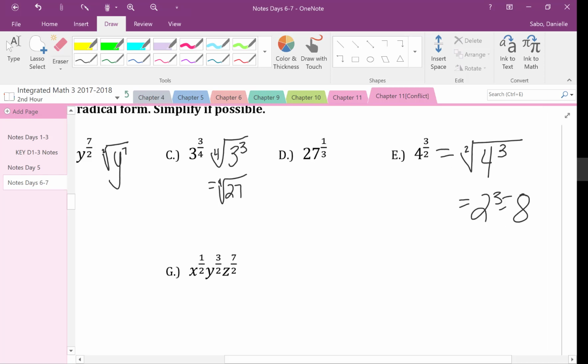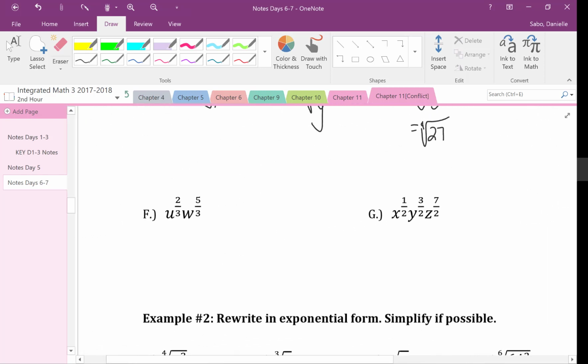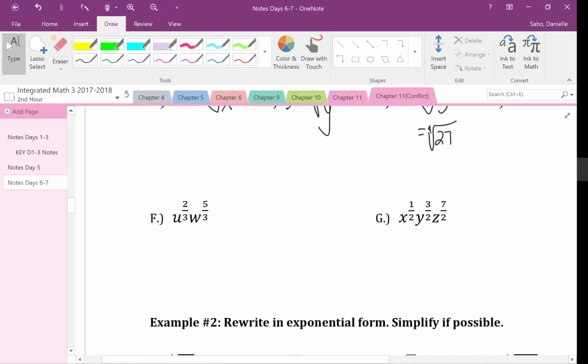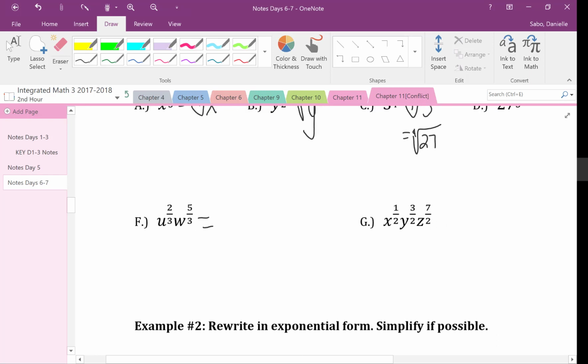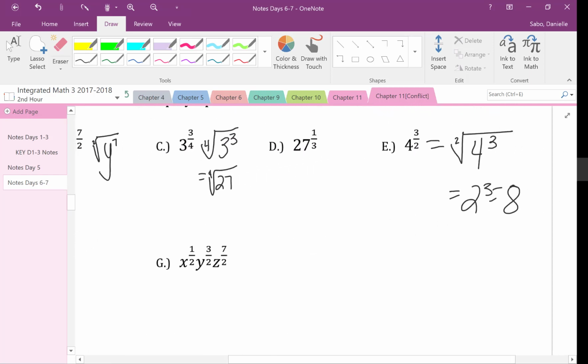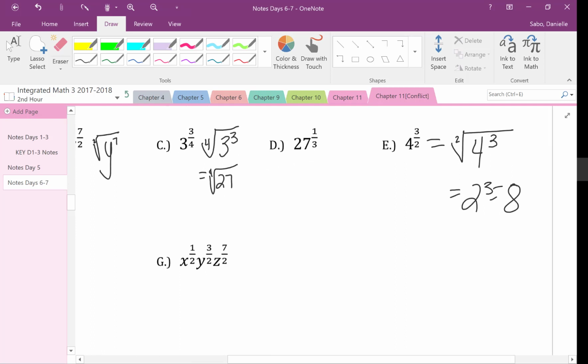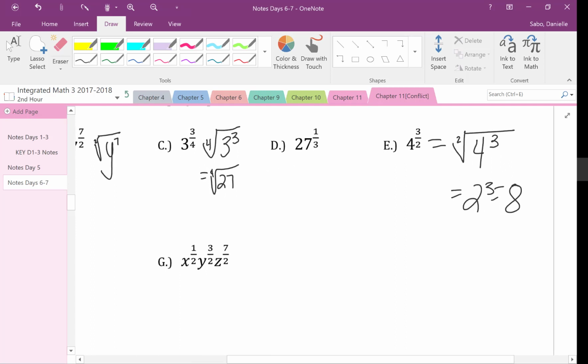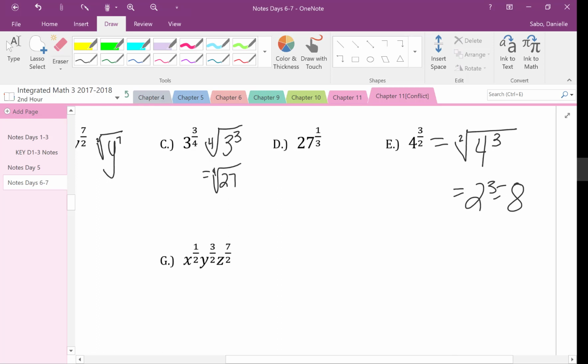Okay, let's go to F. All right, here's where it gets a little tricky. So make sure that you're looking... The radical? You could do either or. It doesn't matter.